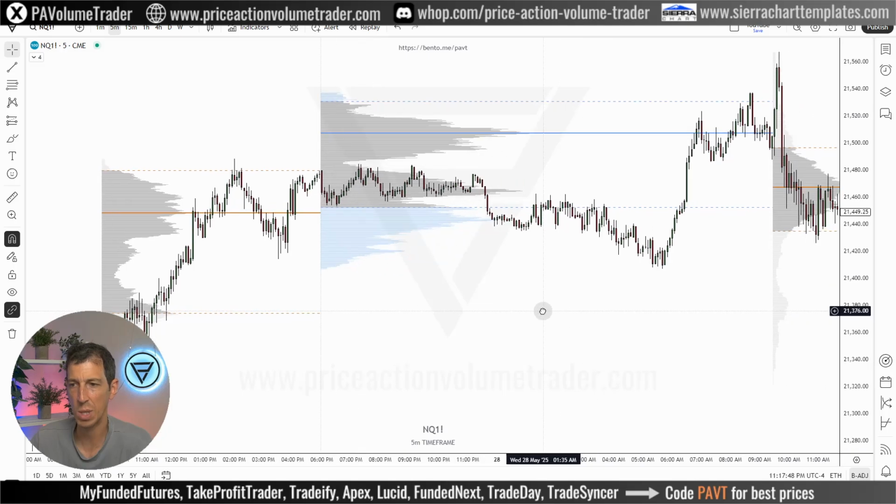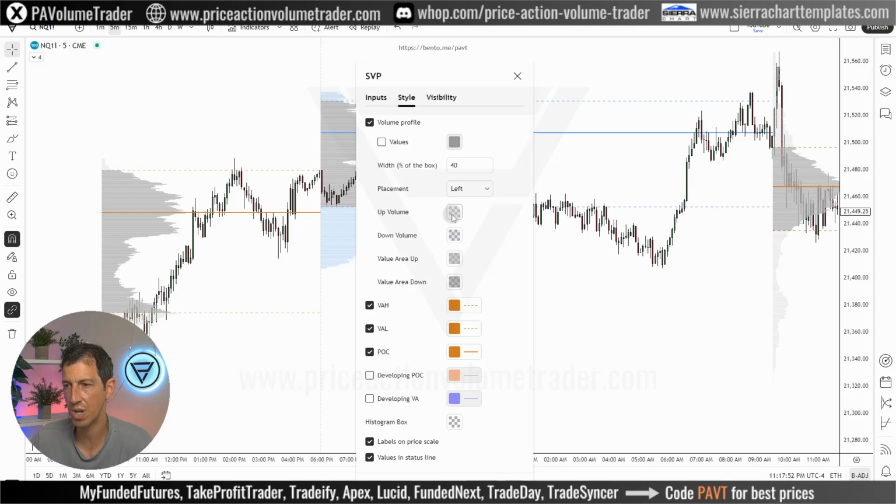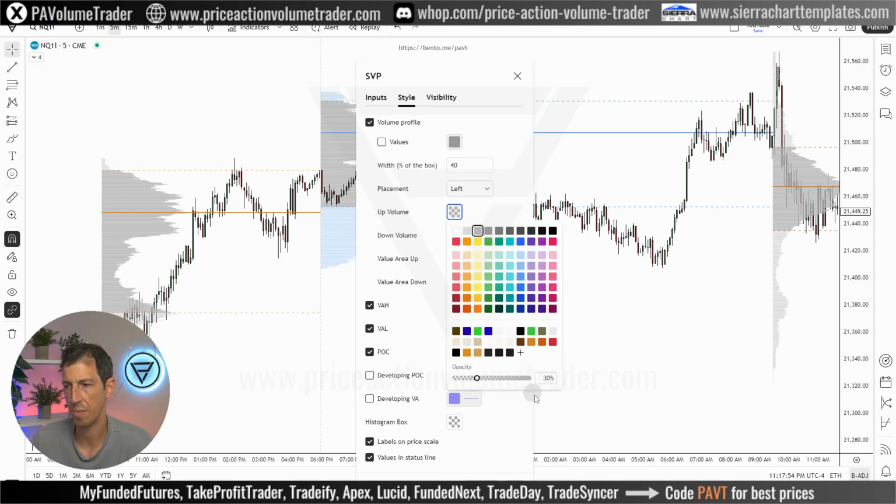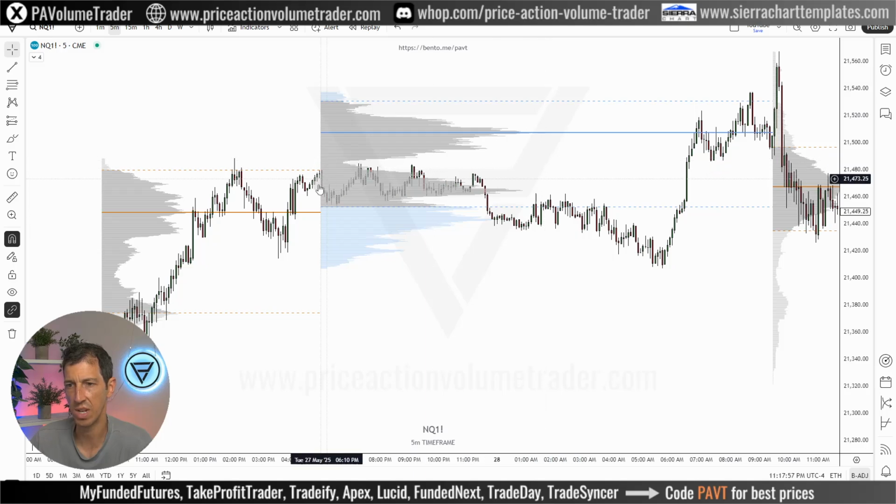These ones are especially significant when it's from a regular trading hours. Let me make this a little darker so you can see it better. Same thing here. We have the valley area high from the regular trading hours, and that is heavy resistance at the beginning of the extended hours.